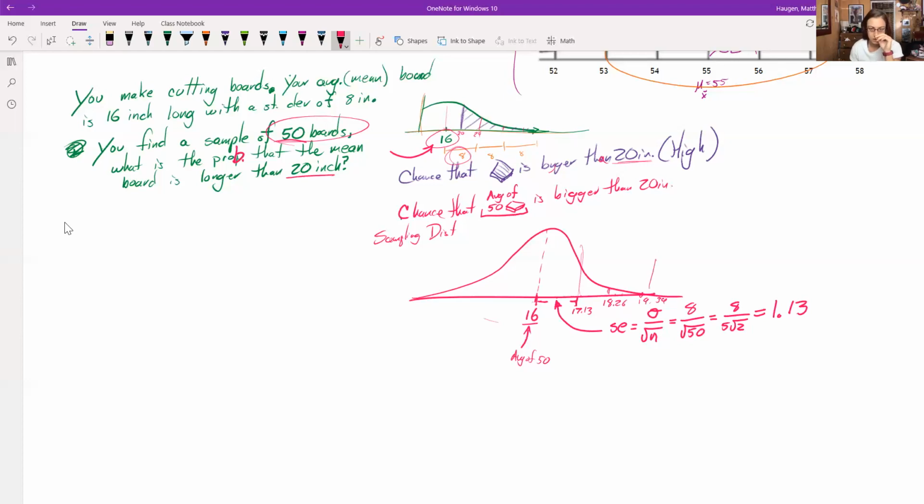So it's past 3 standard errors. So this is going to be super, super low by comparison. Does that seem reasonable?